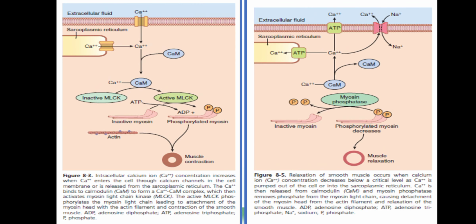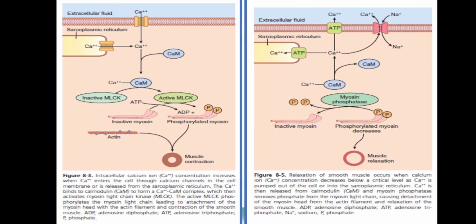Once the contraction has taken place, the relaxation takes place. How does the relaxation of a smooth muscle take place? When calcium ion concentration decreases, after the calcium is used, the calcium ion is pumped back into the sarcoplasmic reticulum and out of the cell into the extracellular matrix.